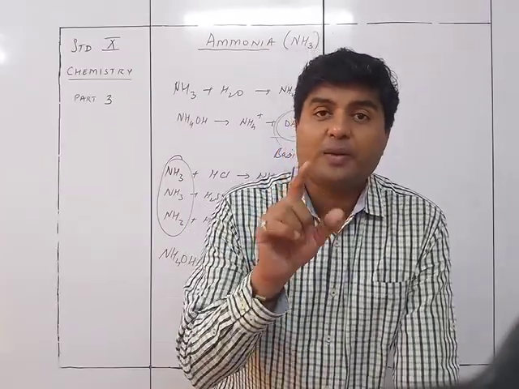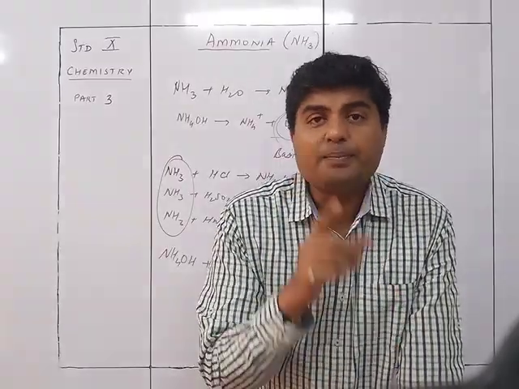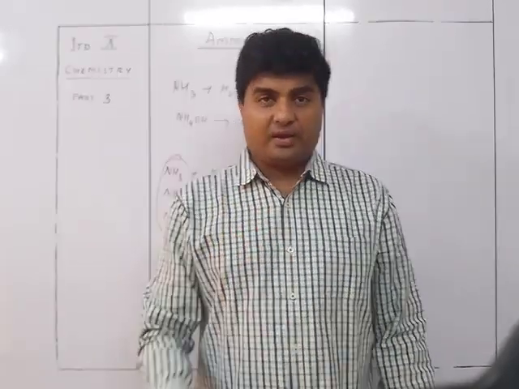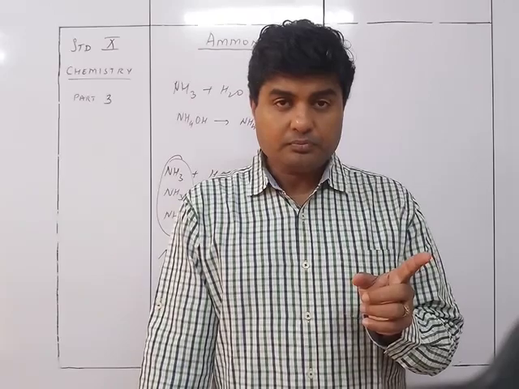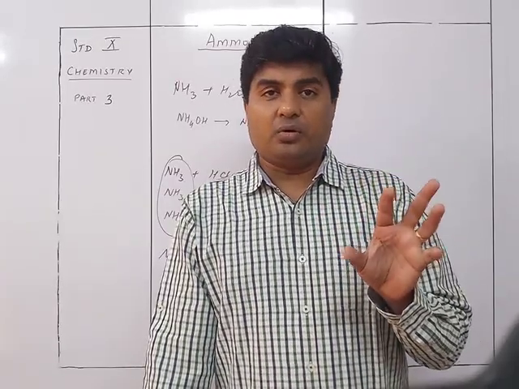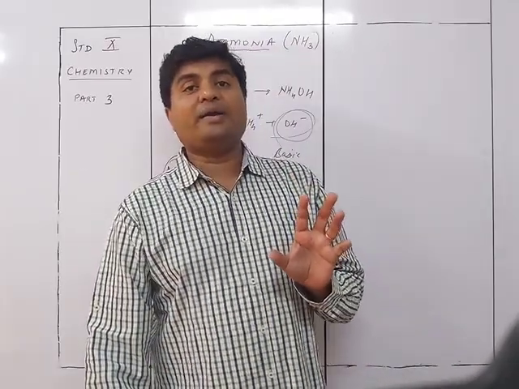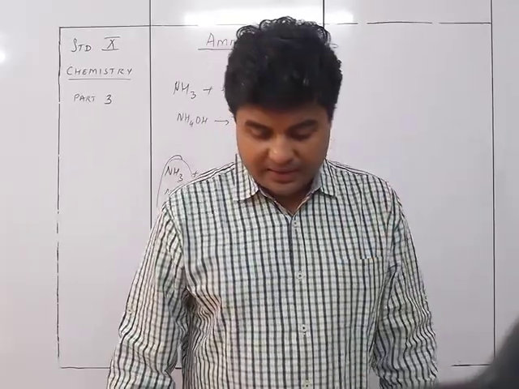The reddish brown precipitate indicates that the cation present in the salt was ferric. If it is dirty green, it will be ferrous. This gives you an easy, analytical way of finding out the positive radical, or cation, present in the salt.